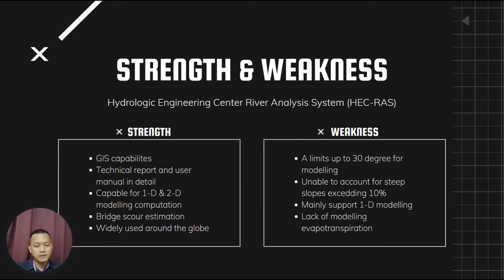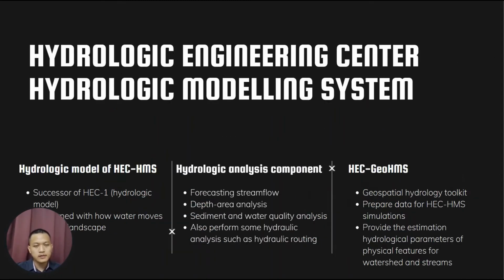Next, I'll be explaining the Hydrologic Engineering Center Hydrologic Modeling System, HEC-HMS. Its hydrologic analysis components are forecasting stream flow, depth area analysis, sediment and water quality analysis. It can also perform hydraulic analysis such as hydraulic routing.